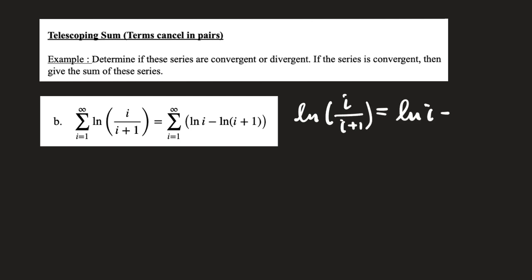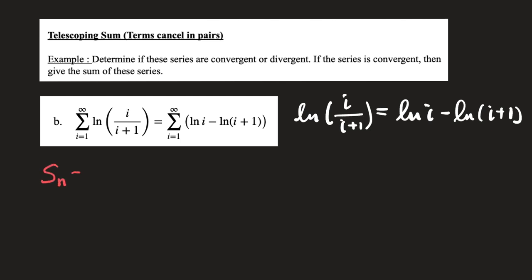The first step is to expand the ln. So ln of i over i plus 1 equals ln i minus ln of i plus 1. You're going to clearly see the reason why I expand the ln, because we want to cancel out something. So we have to find the partial sum Sn first.